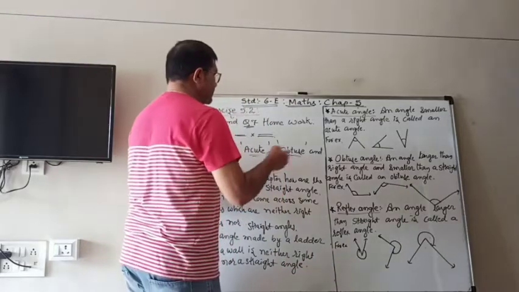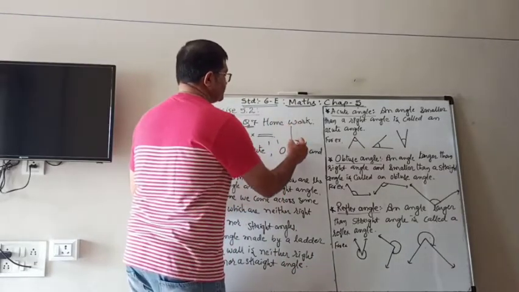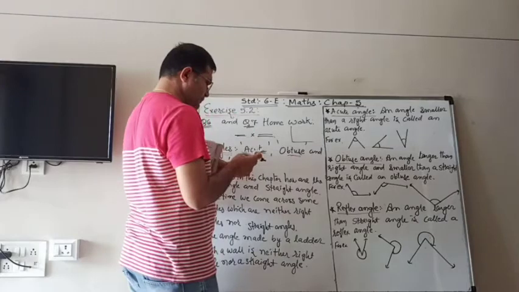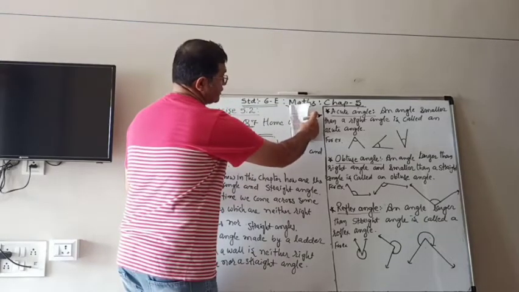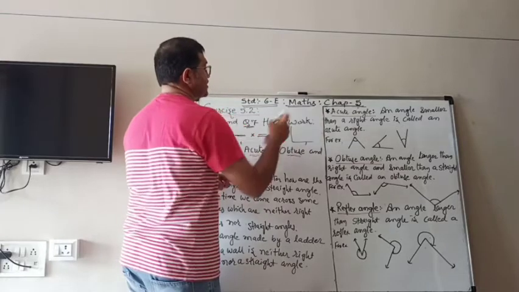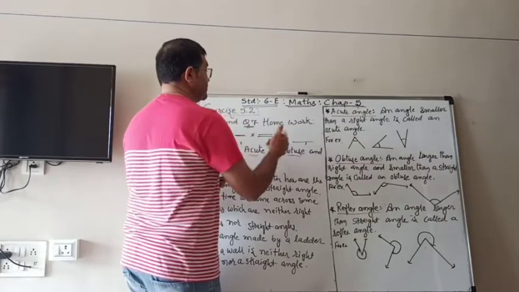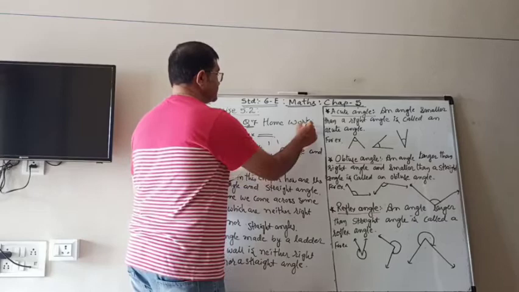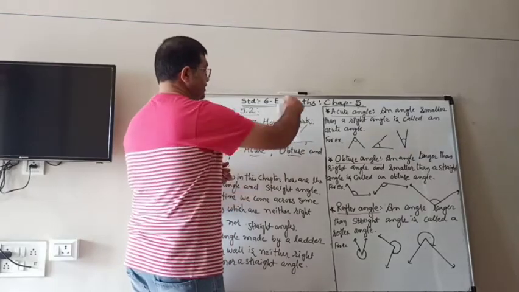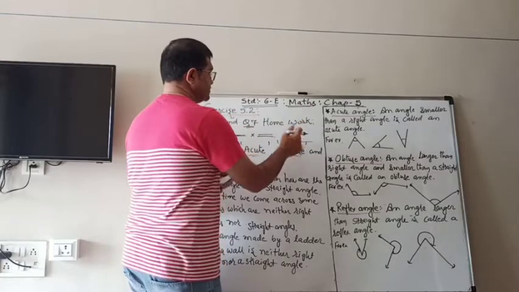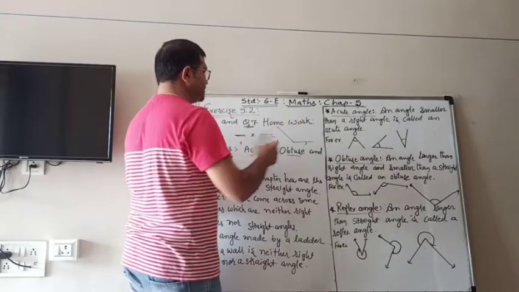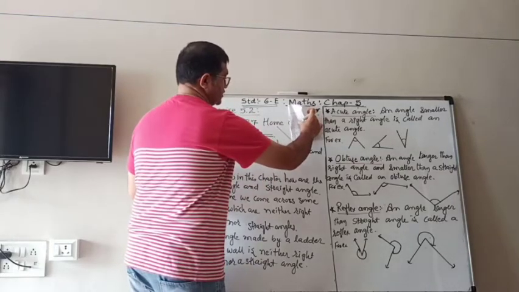Look here, maybe I can draw a right angle here. Now, if I put that edge exactly here, then you can see that it exactly fits there. It means it is a right angle. But if I draw like this, and if I try, you can see that it does not fit here. Similarly, if I draw like that, it is bigger than that.